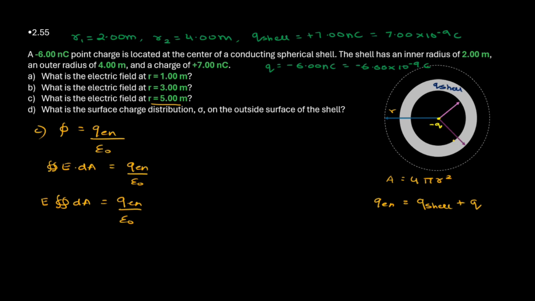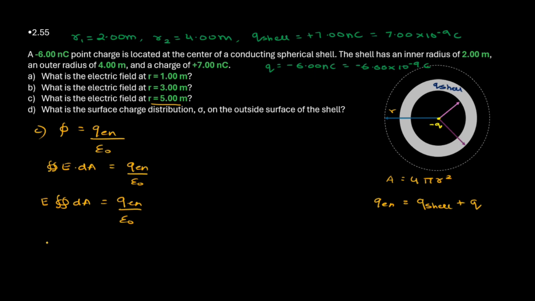Again, the minus sign of Q I will take when I'm substituting the value. So you have to take the minus sign only one time. Either you write this as negative Q here and don't take the negative sign later, or you can just put this as plus Q and take the negative sign when you're substituting the value.